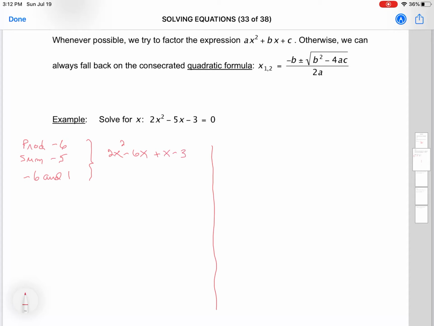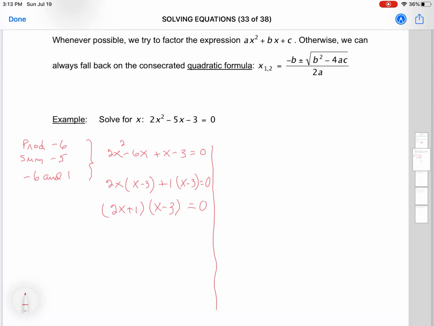So minus 6x plus x minus 3 equal to 0. And then we shall double factor this. So that's 2x, x minus 3. Not much to be taken out from that one, but I've got to take out something. So x minus 3 as well, which gives us 2x plus 1.